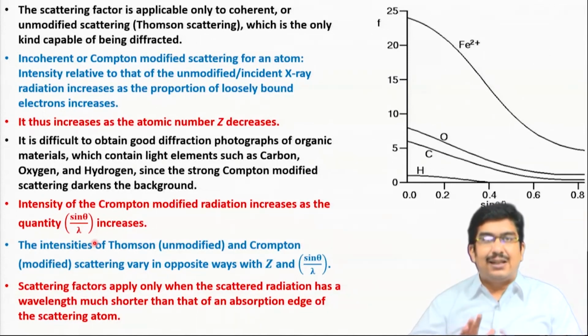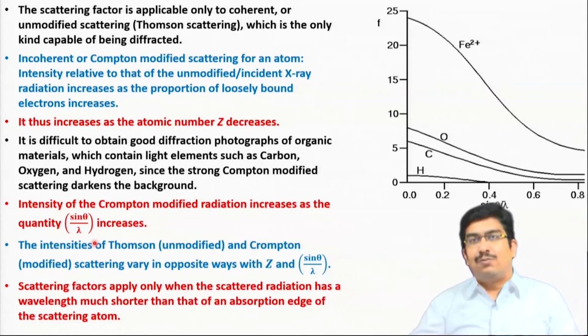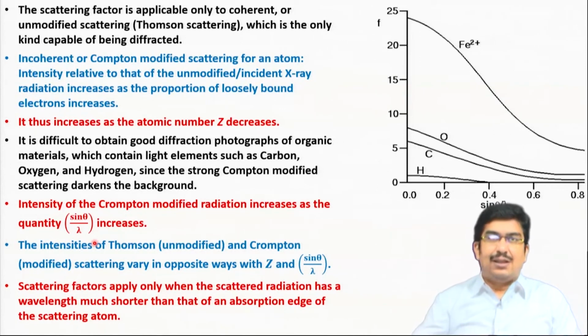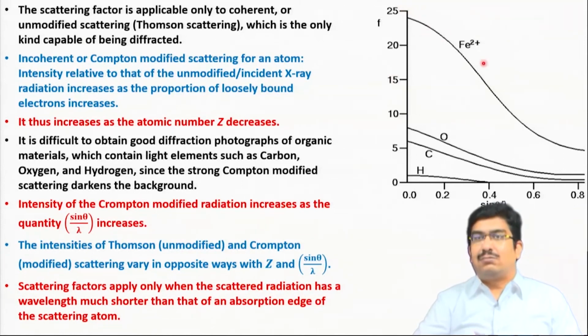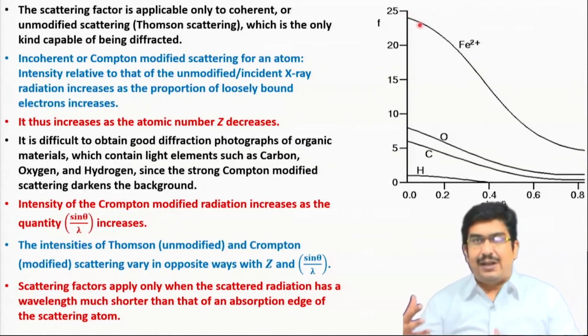That is the relationship. That is why, if sin theta by lambda increases, the Compton scattering also increases. And if we compare two elements, higher atomic number elements like iron versus lower atomic number elements like hydrogen, carbon or oxygen, then we will see the following.